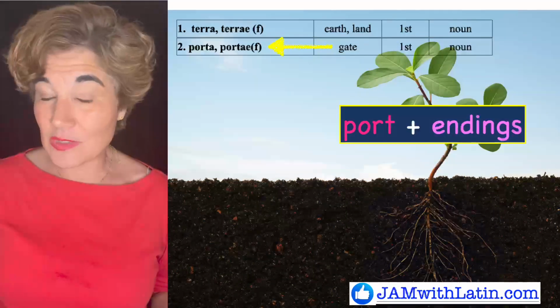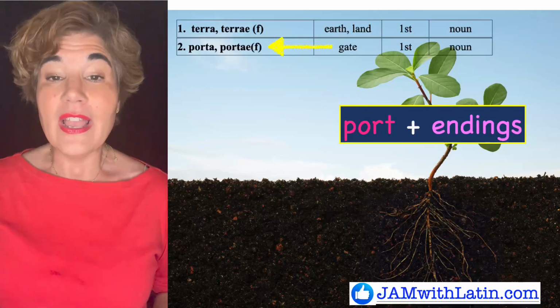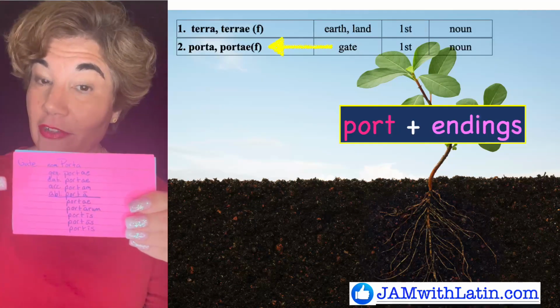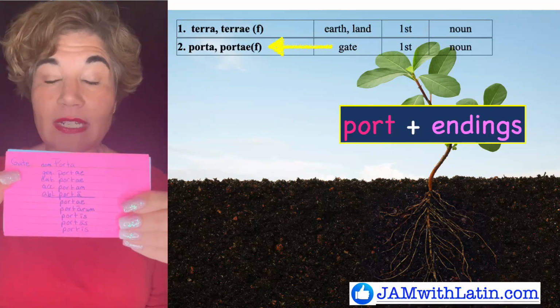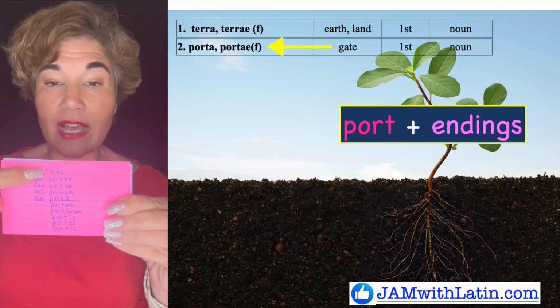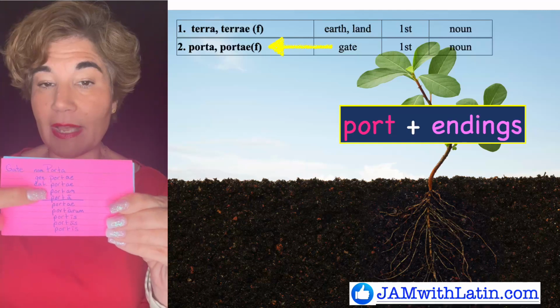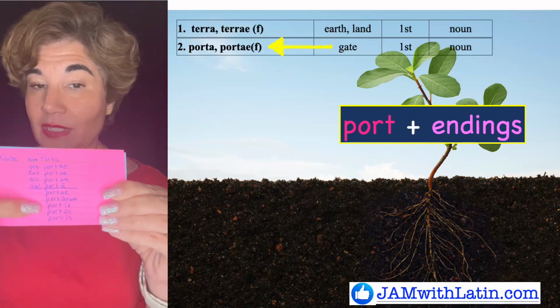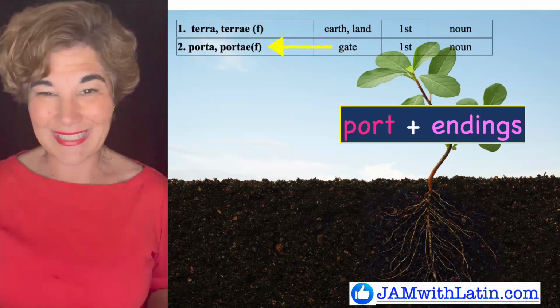Now, unfortunately, this word does not translate to port. It translates to gate, which is why it's important to have your flashcards made so you can tell the difference between your words. Again, our singular, porta, portae, portae, portam, porta. Plural, portae, portarum, portis, portas, portis.